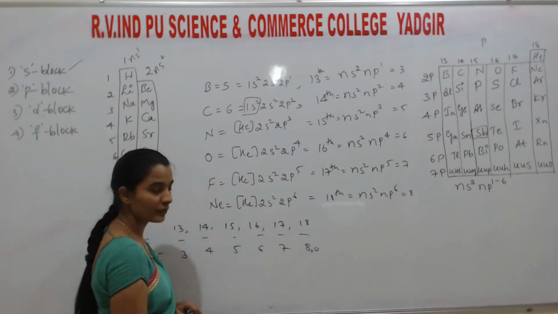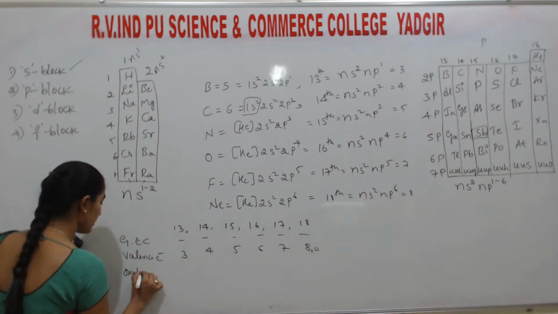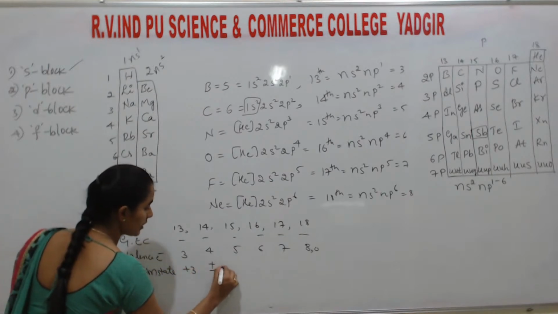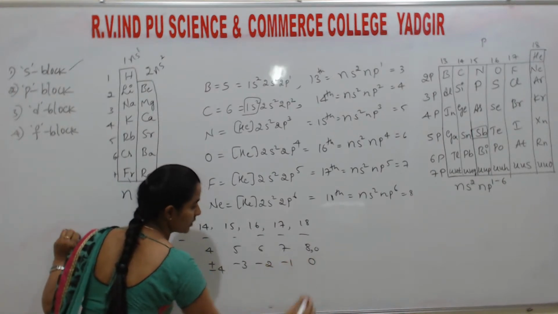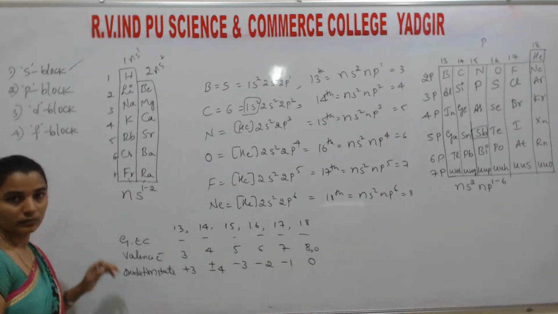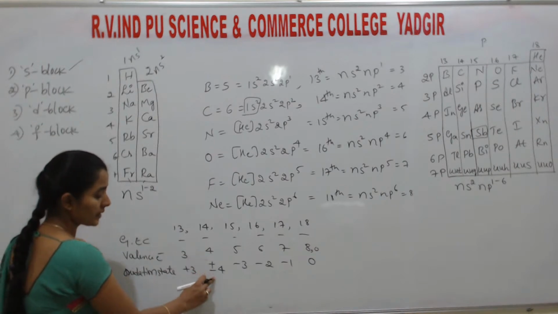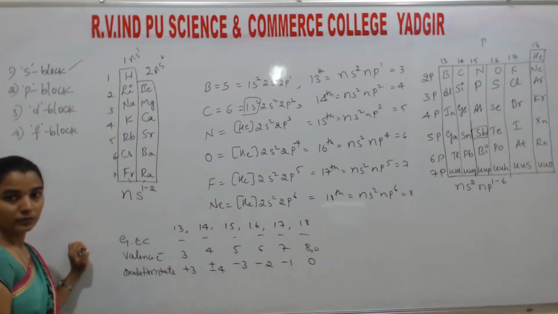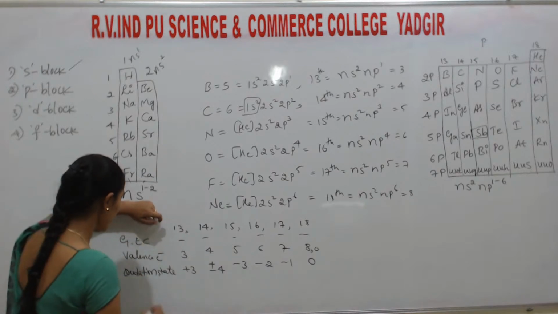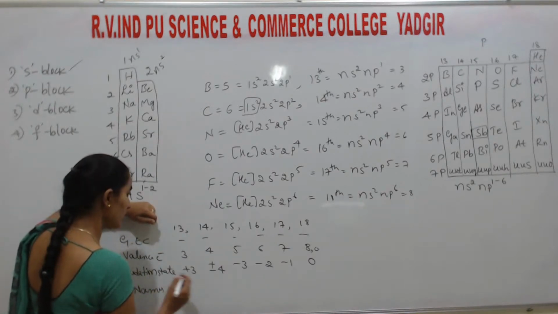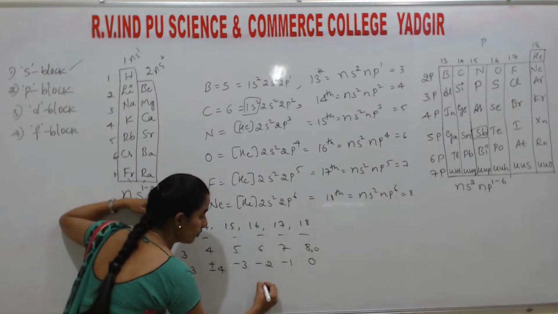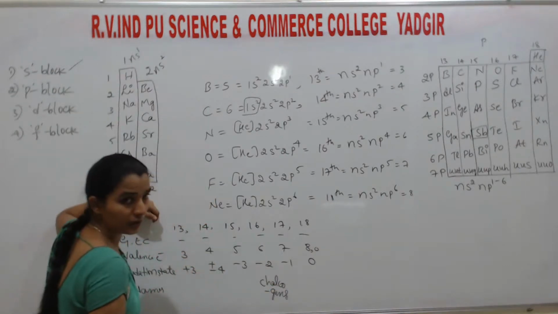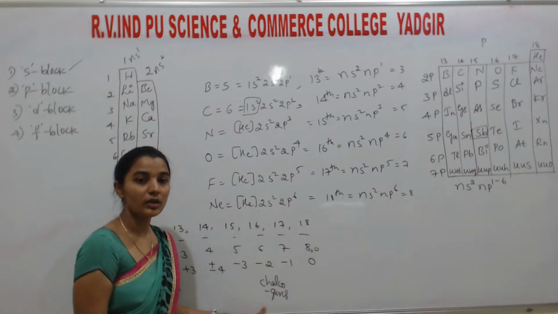8 or 0. Okay. Next, oxidation state. So here it is +3, here plus or minus 4, -3, -2, -1, 0. Understand? So here, listen, when it comes to the particular names, the 16th group elements are called chalcogens.